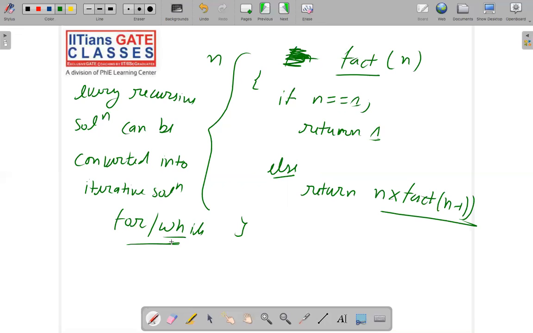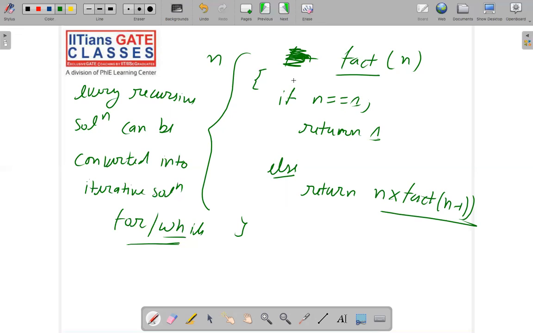But sometimes recursive solutions are more beneficial compared to iterative ones because if you write a for loop, it looks like more compact code. But in the case of factorial particularly, iterative solutions are better, and let me tell you why.